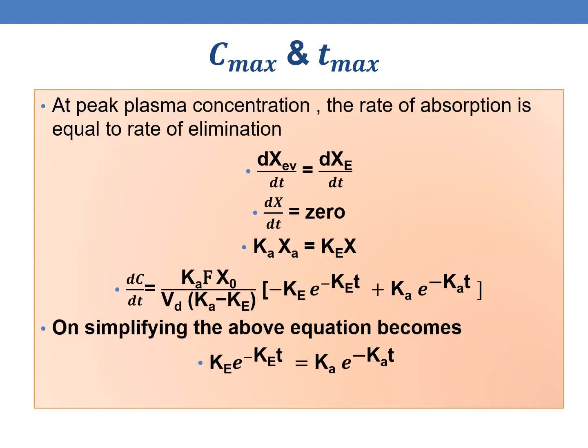Now coming to the assessment of Cmax and Tmax. As we all know, at peak plasma concentration, the rate of absorption equals the rate of elimination. So dXev by dt is equal to dXe by dt, so the rate of change will be 0.